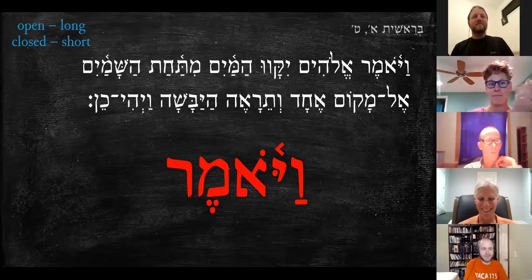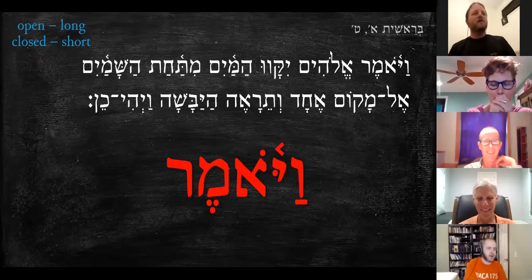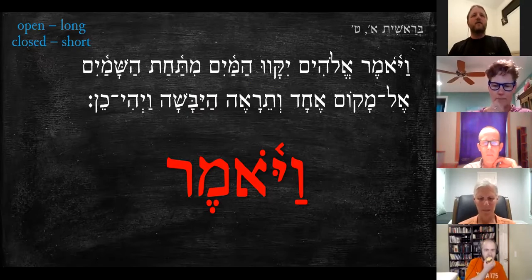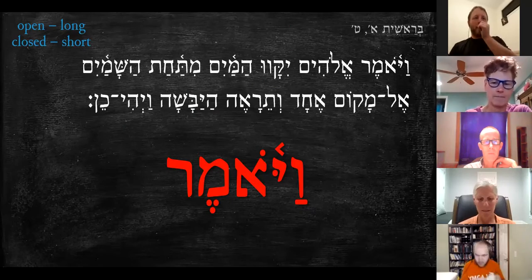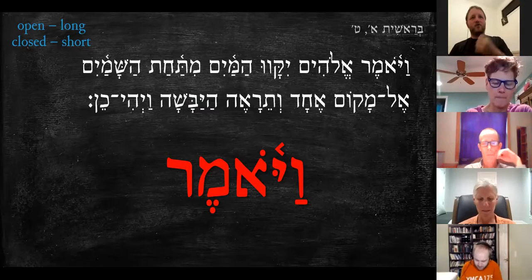Okay, well, let's think about the dagesh first. You see the dagesh? Is it dagesh chazak or dagesh kal, the doubling dagesh or begadkefat? It's not a begadkefat. Okay, so it's the other one, the chazak, strong one, forte in Latin.